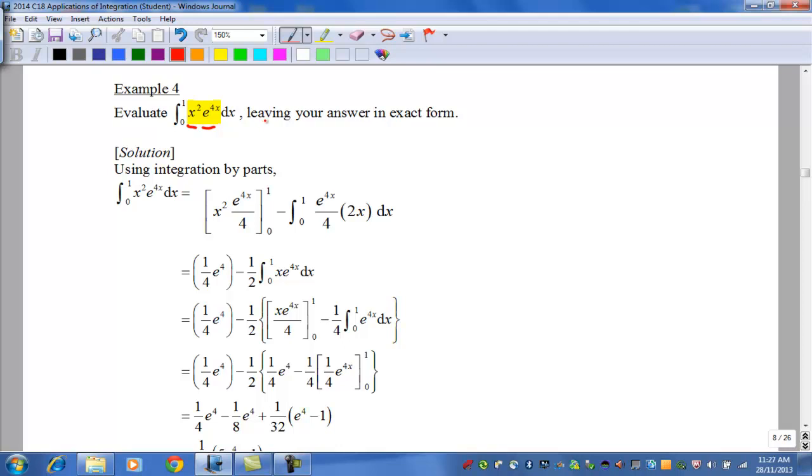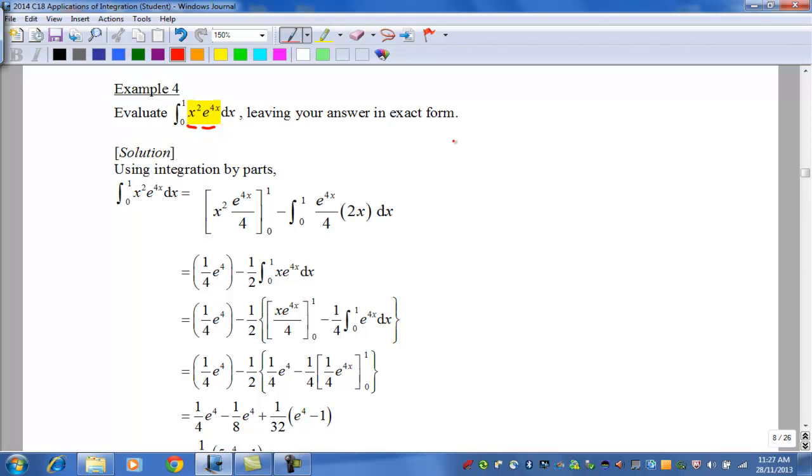So now it's quite obvious that we have to integrate this by parts. So you have seen how to evaluate an indefinite integral by parts in the previous chapter. Now we're going to evaluate a definite integral by parts.